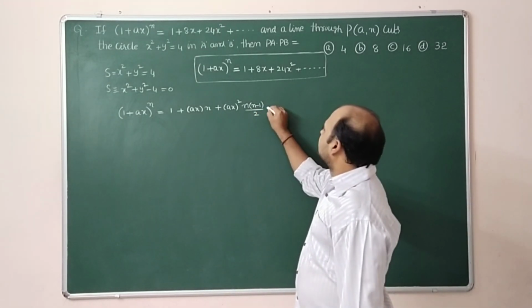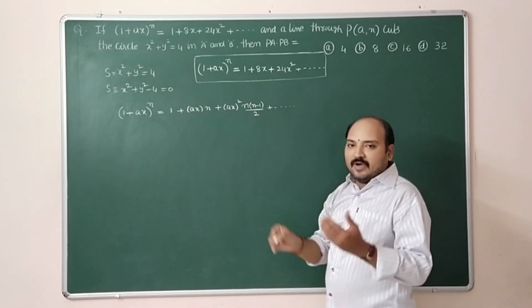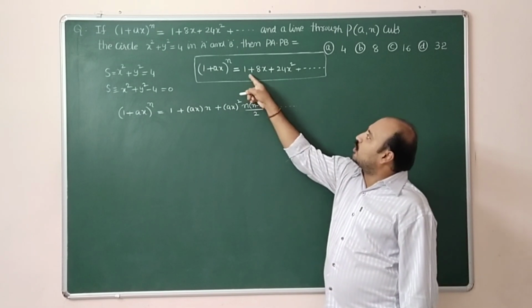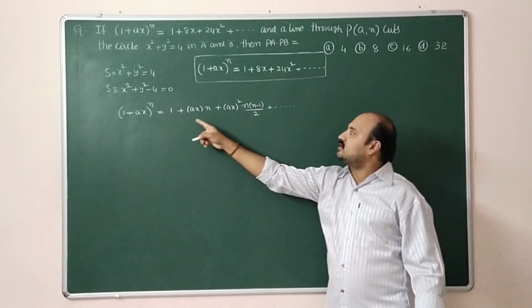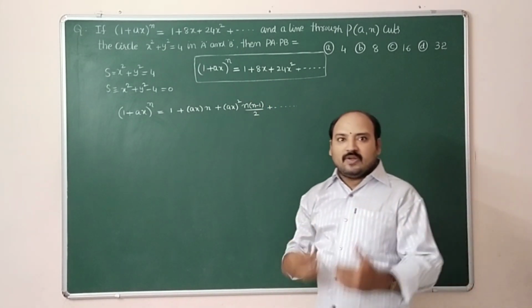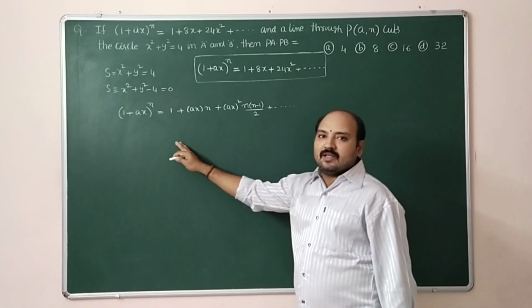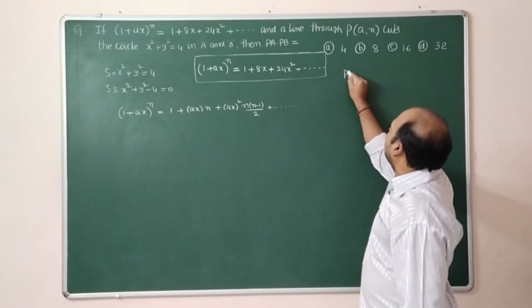Plus and so on. No need to write more, because in the question also 3 terms were there, so here also I wrote only 3 terms. Now we will verify by taking the values of the point P of a comma n.